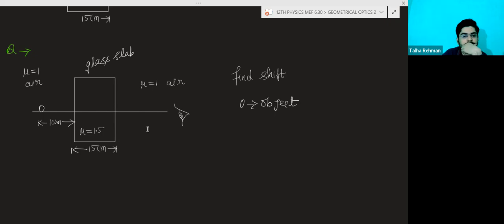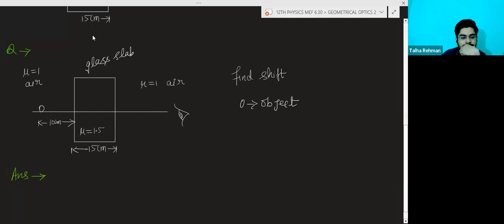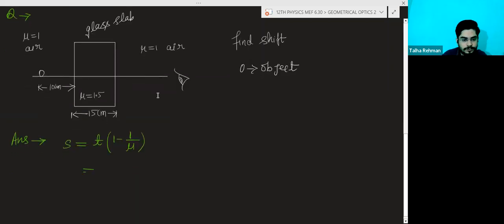So for shift we have the formula. S, the shift, is equal to thickness of the slab times 1 minus 1 upon mu. Why am I applying this formula? Because both sides are air. Put the value. Thickness is 15 centimeter. 1 minus 1 upon refractive index of the glass slab, which is 1.5.